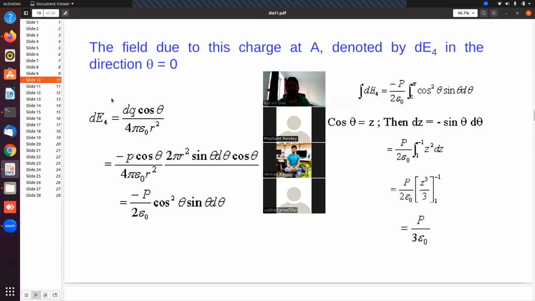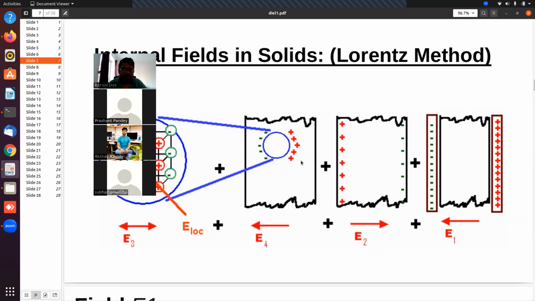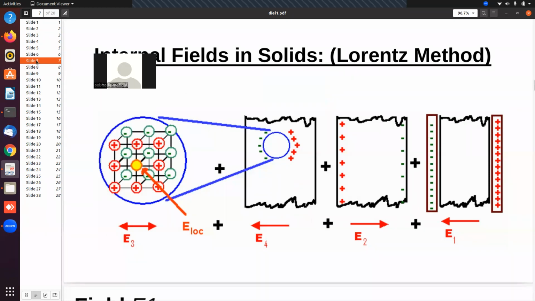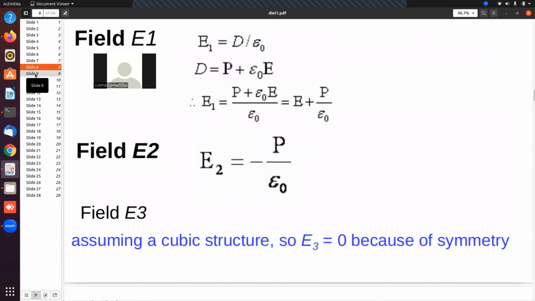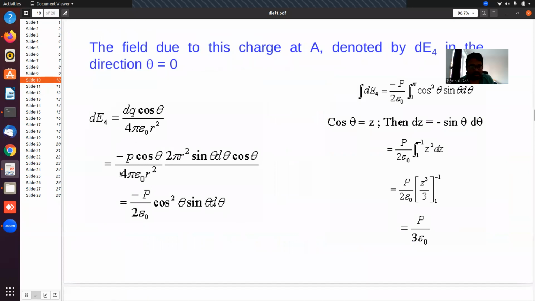So here basically E4 is generated due to the induced effect of E2, right? Yes, the induced effect of E2. So here you can see that this E4 is P by 3 epsilon.